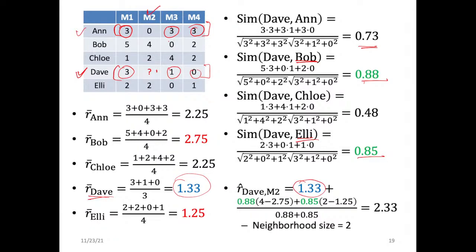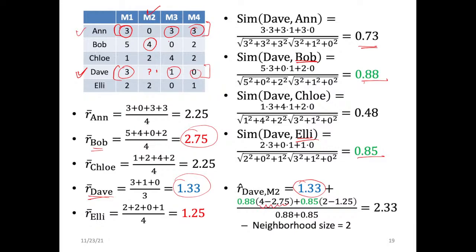Then let's check Bob and Ellie. On average, Bob gives 2.75, but Bob gives 4 to movie 2, which means that Bob believes movie 2 is a good movie. By how much? By this much, 4 subtract 2.75.